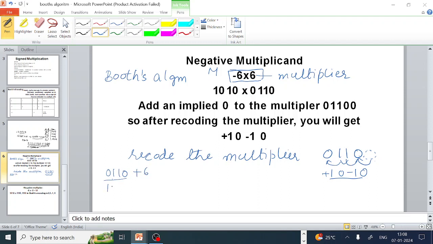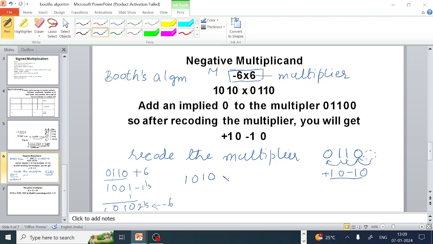Now I have to perform the multiplication. What is my multiplicand? The multiplicand is minus 6. How do I write minus 6? This is plus 6, correct? Now for minus 6, I convert this to 1's complement, then to 2's complement. This is the 1's complement. If I add 1, then I'll get the 2's complement. 1 plus 1 is 0, carry 1, 0, 1. So I got 1, 0, 1, 0. This is equivalent to minus 6.